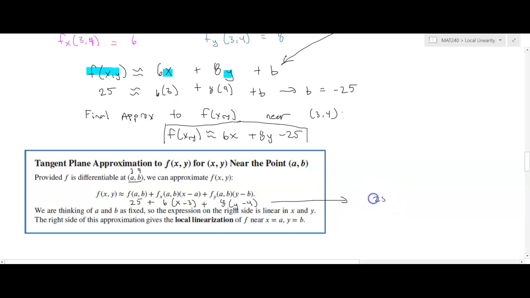So this will be 25. If we distribute the 6, we have plus 6x minus 18. If we distribute the 8, we'd have plus 8y minus 32. And if we combine like terms, 25, negative 18, negative 32, well, these add up to negative 50. Negative 50 plus 25 is negative 25.